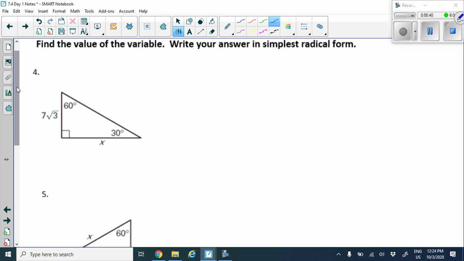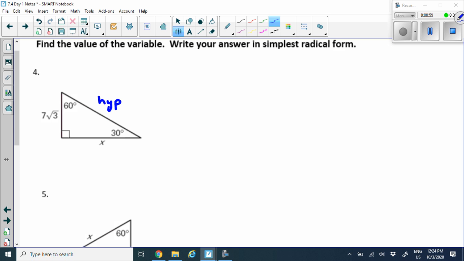We have the 90 degrees, 60, and 30, okay? You can already see what type of general triangle we're going to use. But let's label first. Remember, across from the 90 degrees is the hypotenuse.